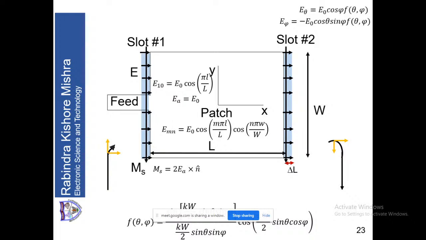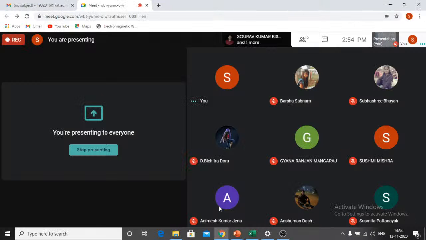For the E plane, F E theta will be of the form cosine of kW by 2 sin theta, because in the E plane phi is equal to 0. Put phi equal to 0, cos phi will be 1. So that value you get there. Also F E theta becomes that.